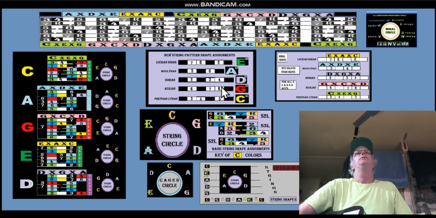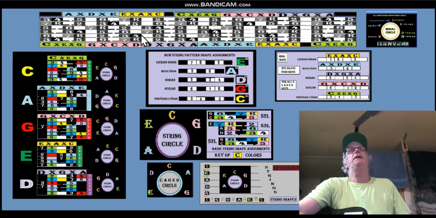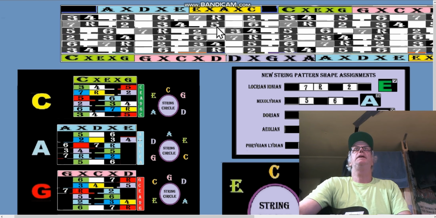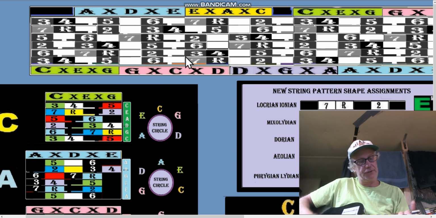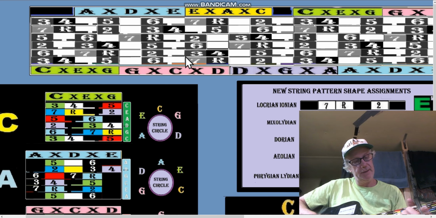But we don't want to get hung up on that. It has a use, but it isn't an absolute. And here's why. So the key of CAGED, by the way, is just C, A, G, E, and D.